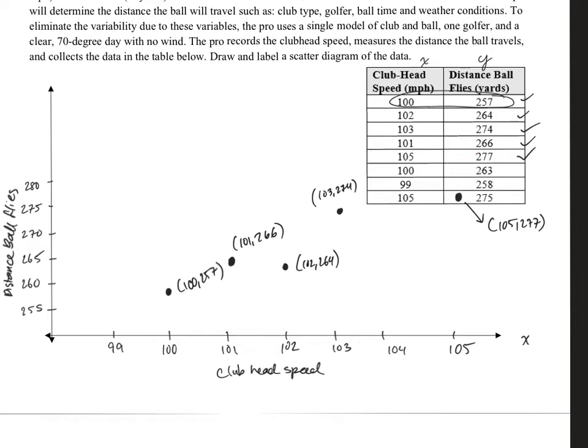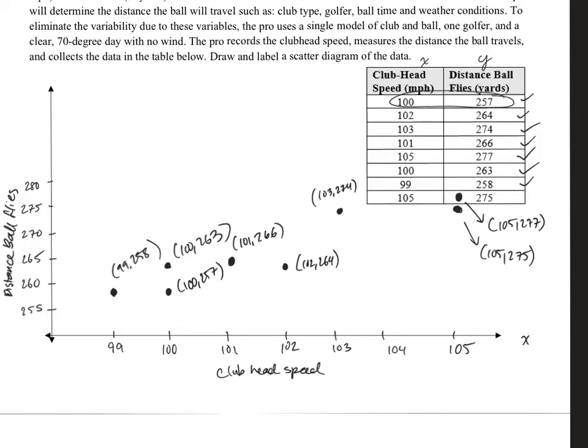Next, we have 100 and 263, right about there. Next, we have 99 and 258, about there. And then 105, 275, right below this one right here. Once again, this is just a rough sketch.